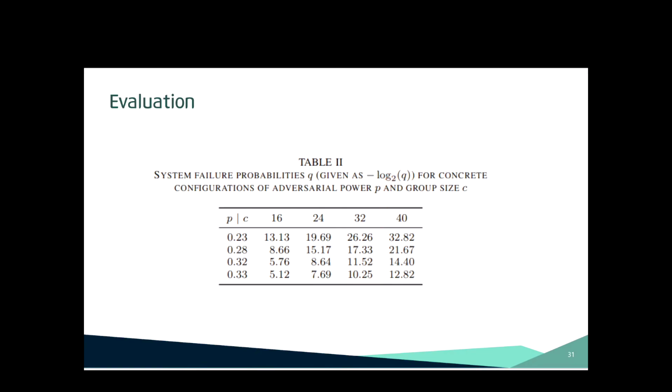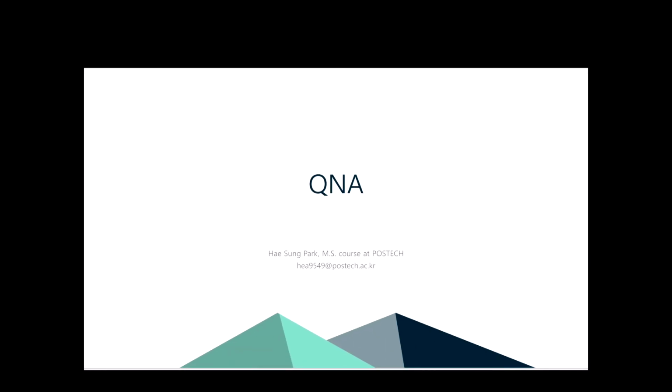Moreover, assuming p is 0.33, we identify the point where the system's failure probability falls below 1 percent for a group size c is this. c is 21. Thank you for listening to my presentation about scalable bias-resistant distributed randomness.